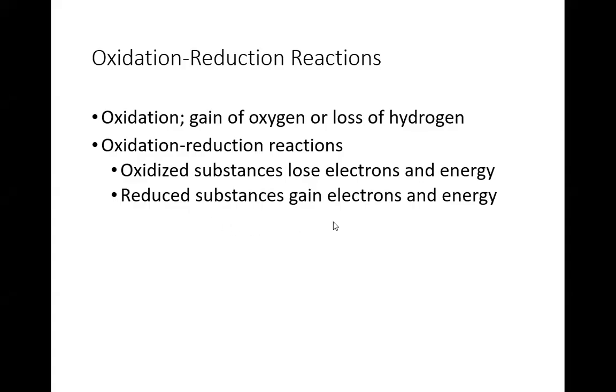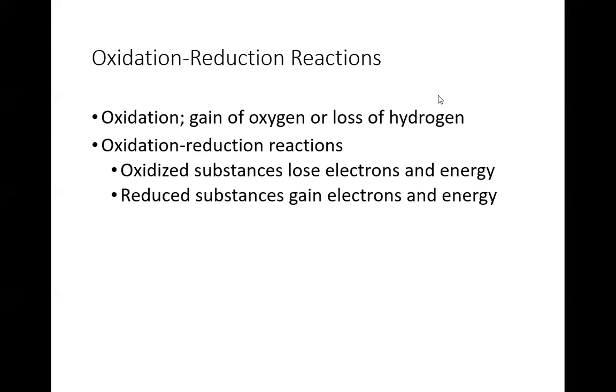Now, where do those electrons go? Well, those electrons have to have some place to go. And when we're doing this, the electrons are being grabbed by the oxygen in the air. So this is what's happening at this point. Now, let's go back. There was another term here I wanted to point out, and that is reduction.